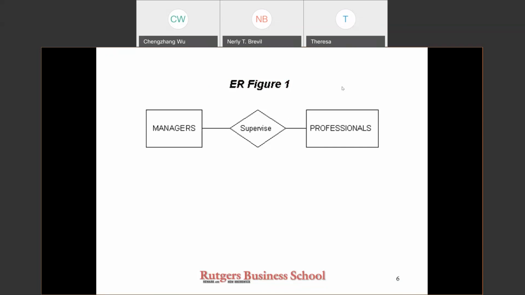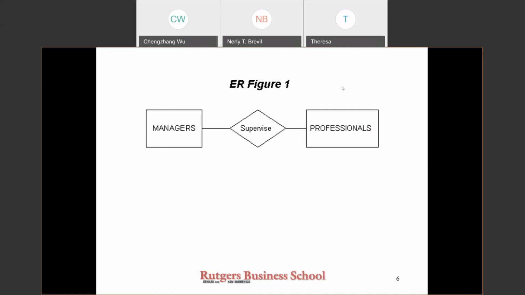So first of all, let's consider a very simple business scenario regarding a public accounting firm. This scenario is managers supervise professionals. So analysis about this business scenario suggests that there are two entities that are related to the act of supervision. The resulting ER diagram is shown in this slide.